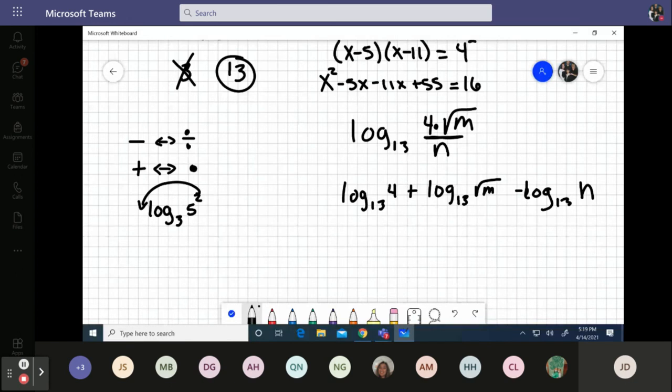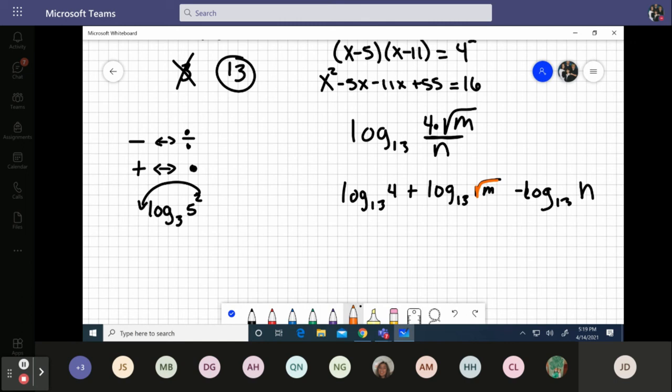There is one more thing I could do. Instead of the square root of m, you could be writing that as m to the 1/2, right? So that hits our exponent.